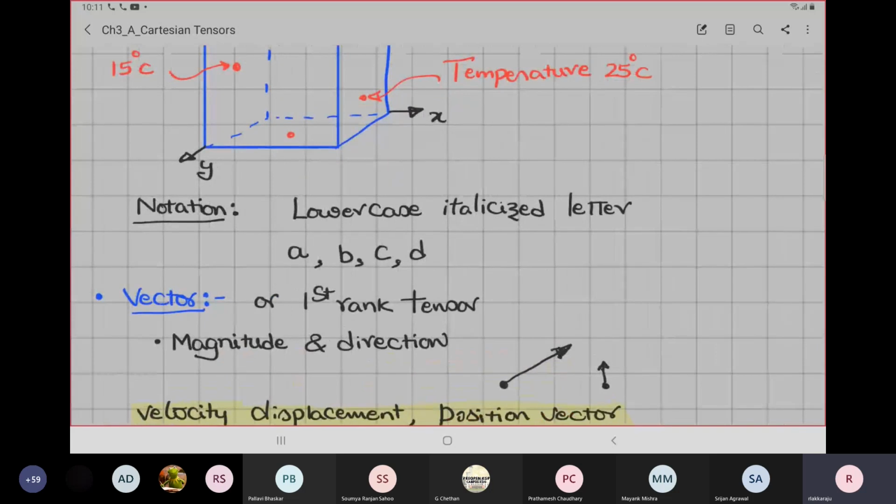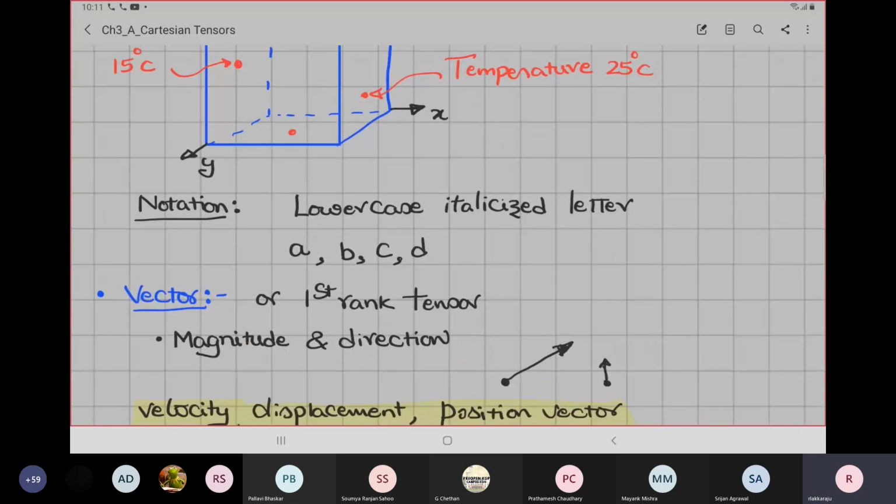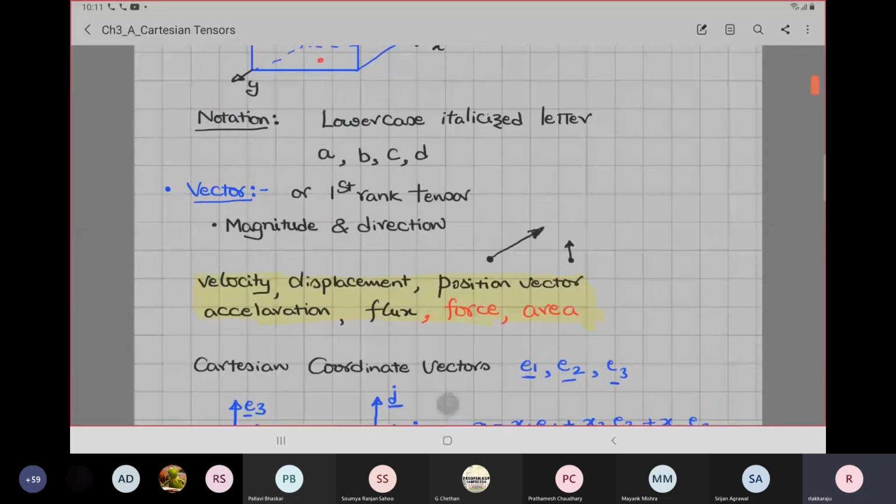Now we just used a new word named tensor. The definition for this is tensor of rank 0. Similarly, then we tried to argue something about vectors. A vector has both magnitude and direction, maybe force, area, displacement, position vector, and so on. Direction we usually represent by an arrow, and magnitude by how much length it has.